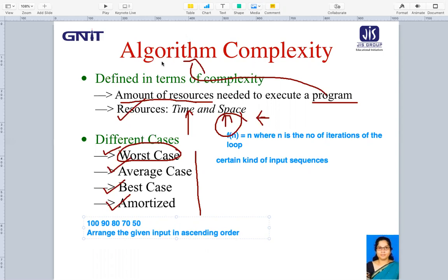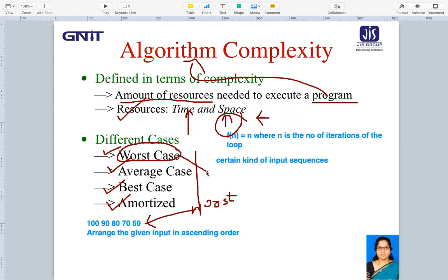So this can be considered a case of worst case complexity in sorting, because whatever the sorting algorithm, it has to go through the whole range of numbers or input sequence which is given to arrange it in ascending order. Typically, the worst case determines the upper bound on the running time for any input.